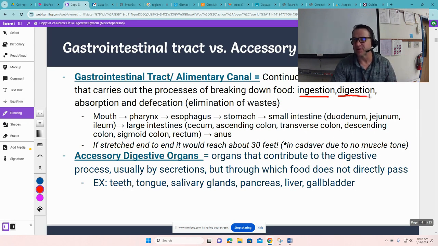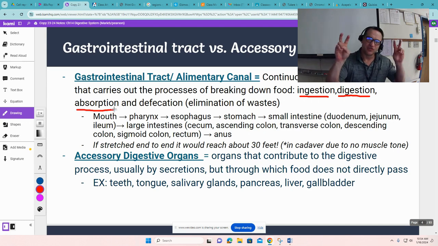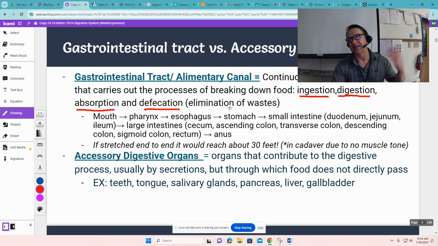Digestion is the process of breaking it down into smaller and smaller pieces until you get it to its molecular components. Absorption is the process of absorbing those small molecules, like amino acids or simple sugars, into your bloodstream. And then defecation, I think you know what that is: the elimination of waste out the anus.